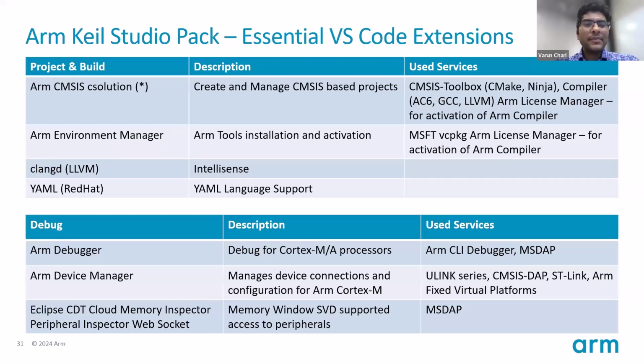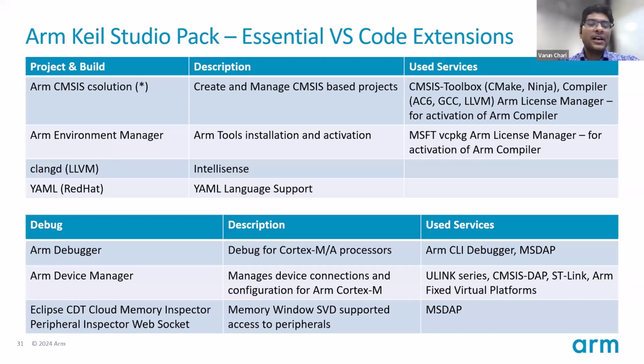There is support for clangd, which basically helps with IntelliSense, like auto-completion, suggestions, and everything. And there is some YAML support because all the csolution files and everything are YAML based, like XML configuration files. So it's YAML based, and it helps in configuring these projects.